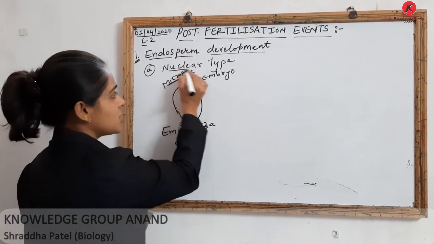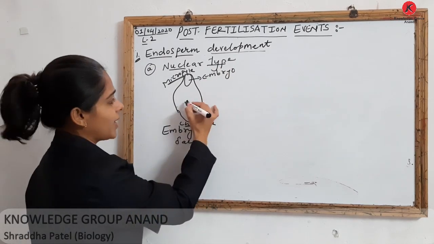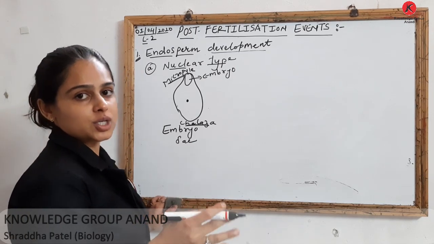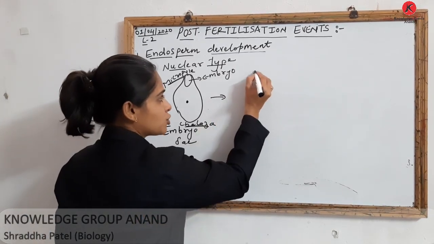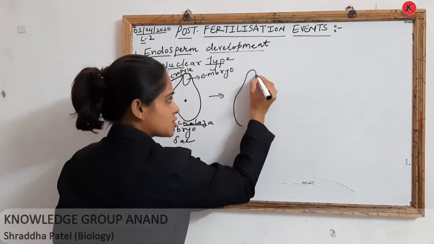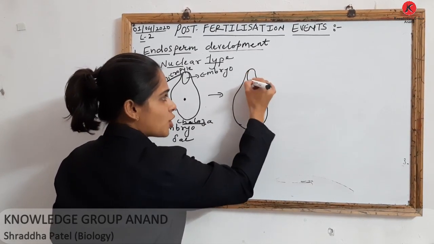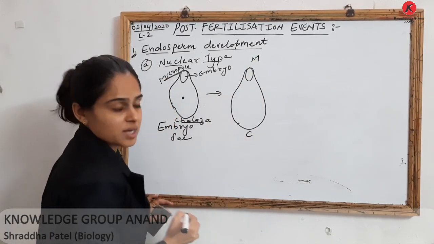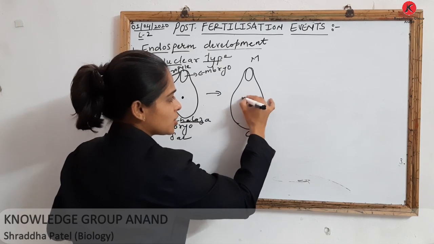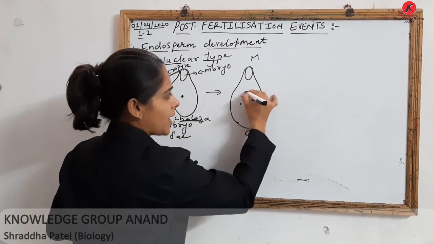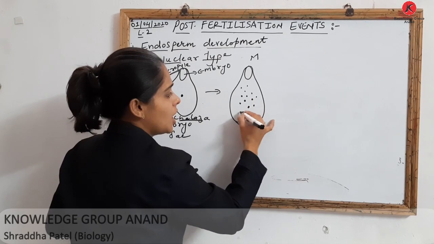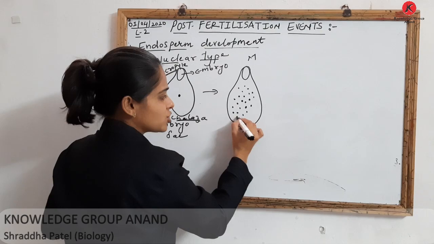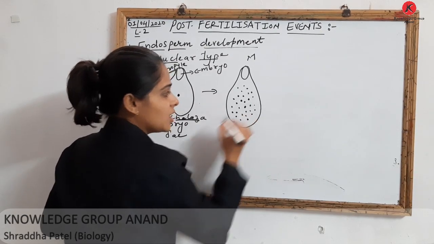Now what happens in nuclear type of endosperm development? This undergoes karyokinesis. I told you cell wall deposition does not happen, right? So if I want to show once again, this is your embryo sac. This is your embryo, this is your micropylar end, and this is your chalazal end. Now this nucleus will undergo mitotic division to form many free nuclei. This results in formation of many free nuclei.